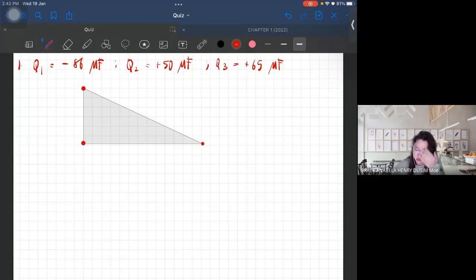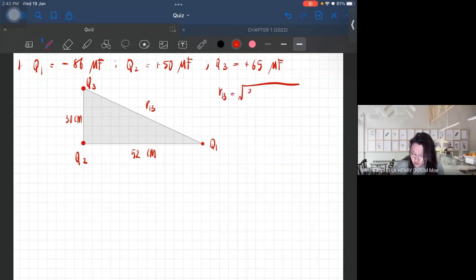This side is 52 centimeter, this is 30 centimeter, and this one is R13. So we have to calculate it: 30 squared plus 52 squared gives about 60 centimeter.